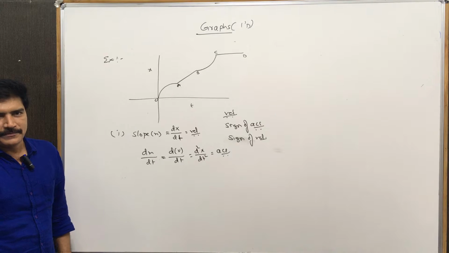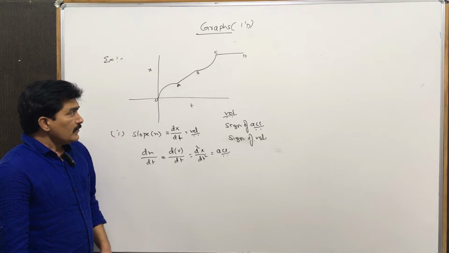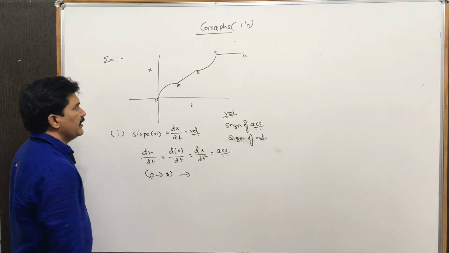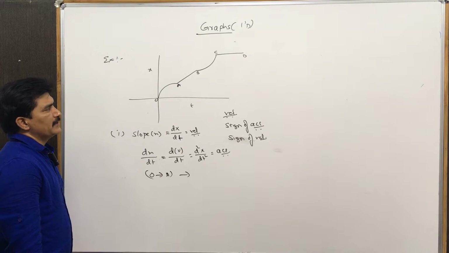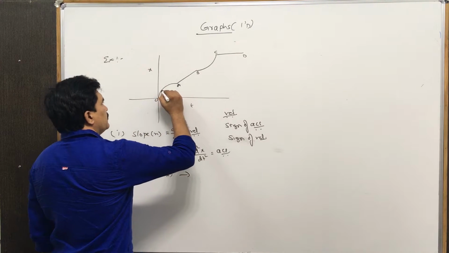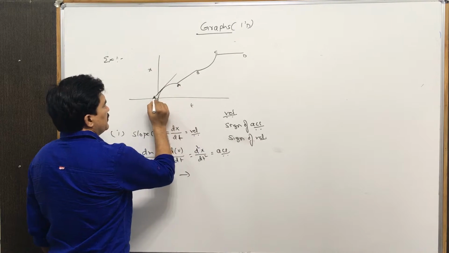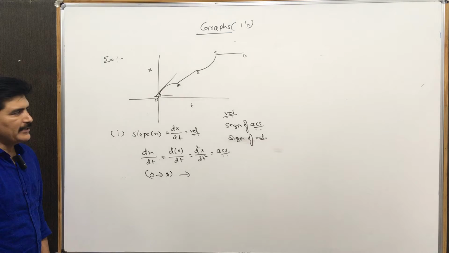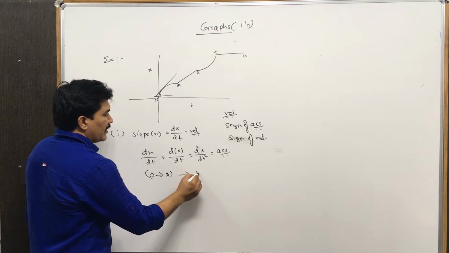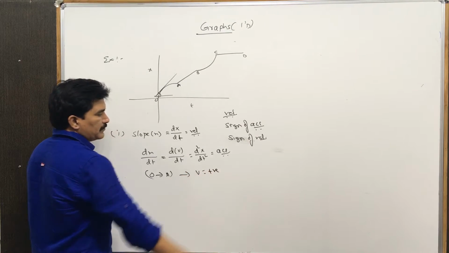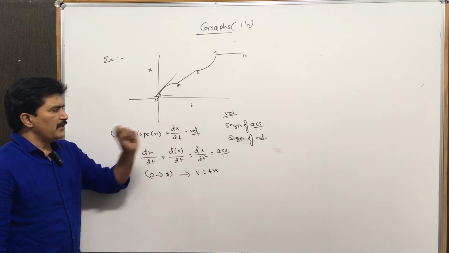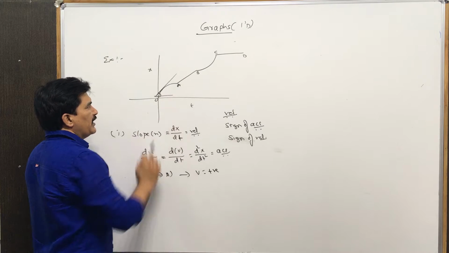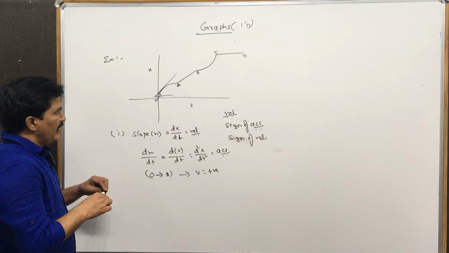So if you observe the part O to A, at any point if you draw a tangent, the angle made with the positive x direction is less than 90, indicating that velocity is positive. Slope is positive means velocity is positive. And the next thing is, from O to A, what happens to the slope?